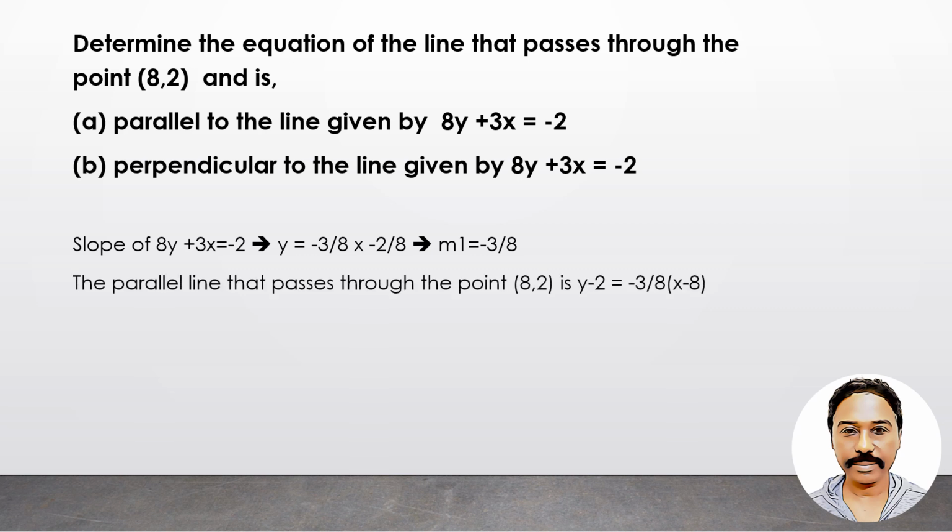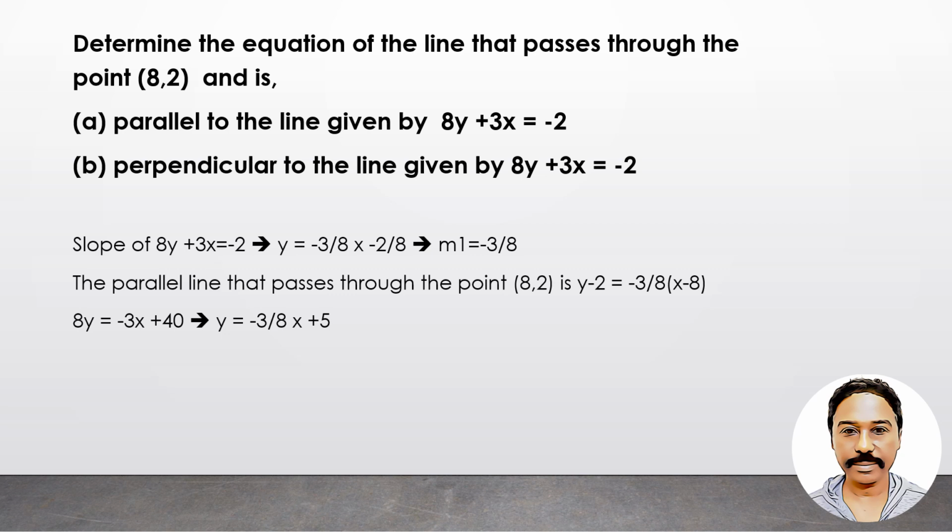Or we can just say y minus 2 is equal to minus 3 over 8, which is the slope, multiplied by the difference of x's, which is x minus 8. We can simplify the formula to find the equation of the line in the form y equals minus 3 over 8 x plus 5.